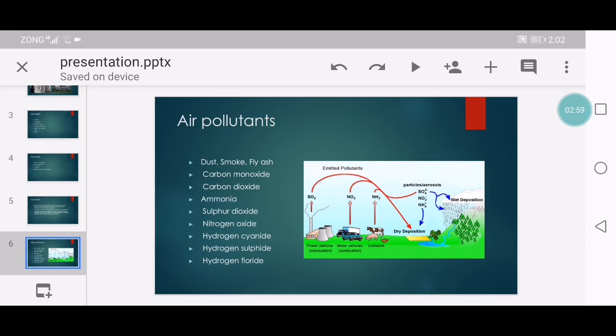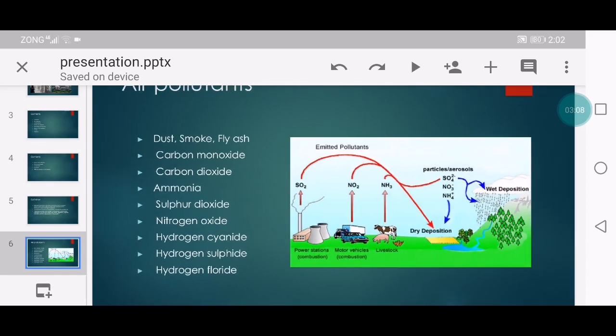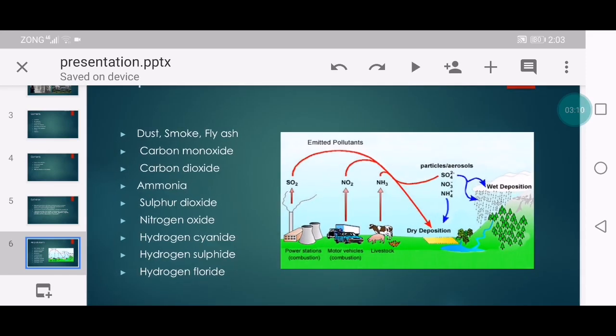There the sulfur dioxide reacts with water to form aerosols. Here we can see how aerosols are formed. Aerosols of sulfuric acid and nitric acid block sunlight from reaching the Earth's surface, causing cooling.